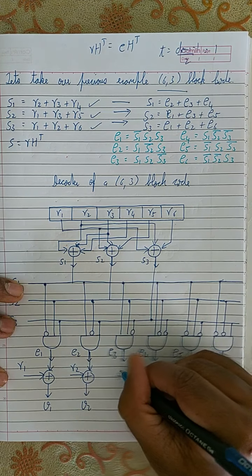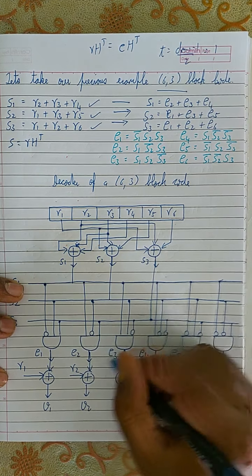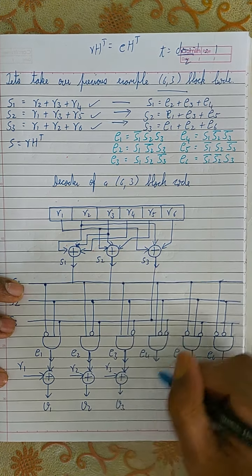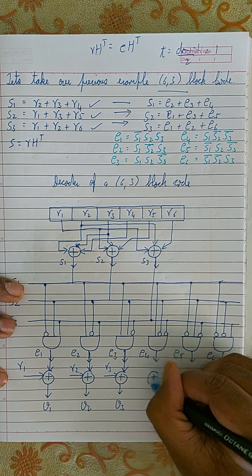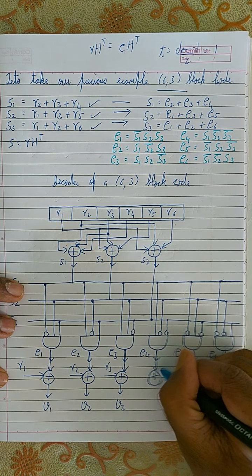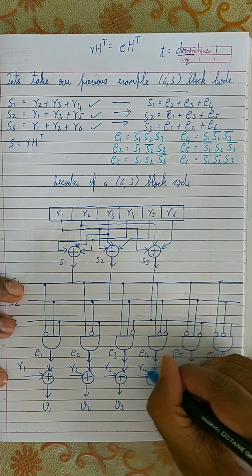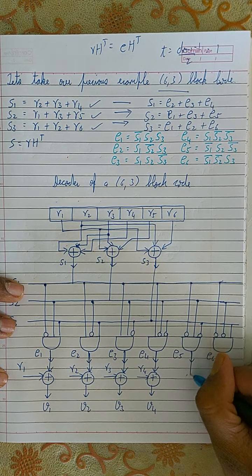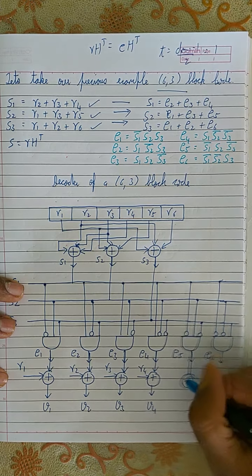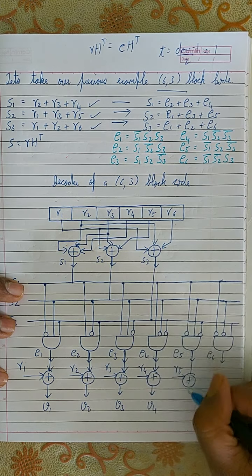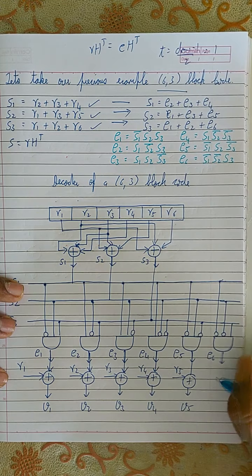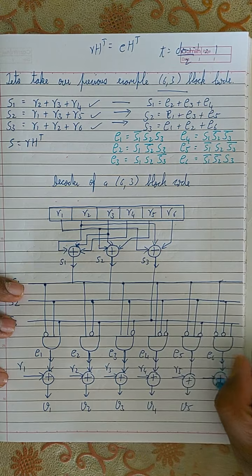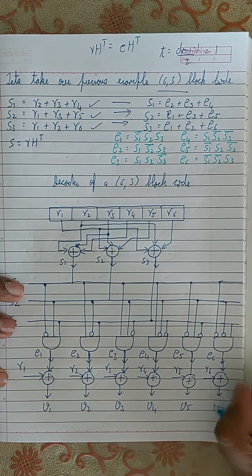From here also, if you draw an XOR, E3 XOR R3 is V3, and here E4 XOR R4 is V4. E5 XOR R5 is V5, and then last we have E6 XOR R6 is equal to V6.